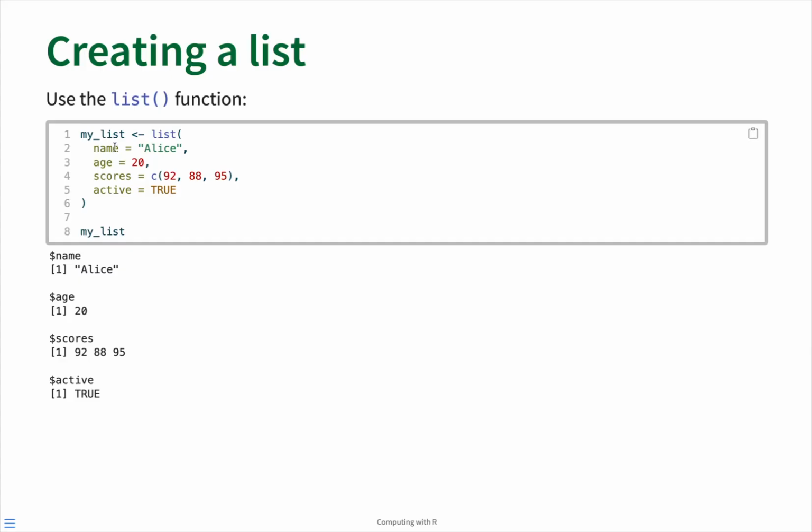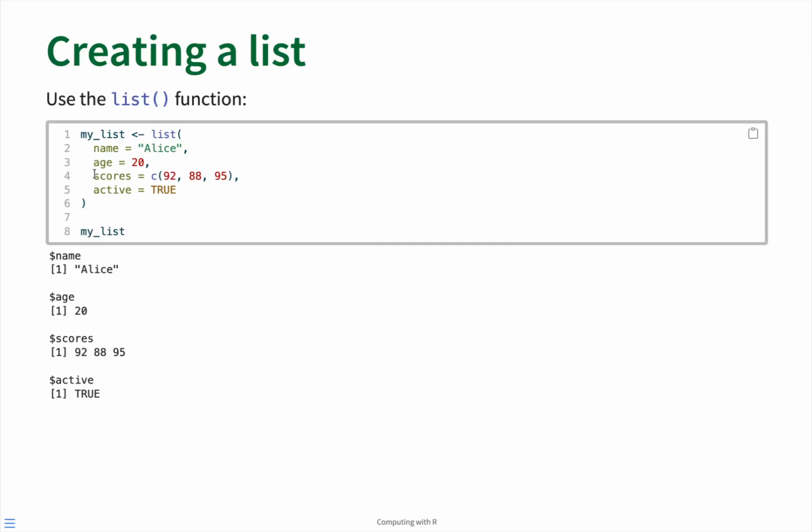Whatever was on the left-hand side of the equals operator for this argument. Similarly, here we're saying the age argument is 20, and so the second item of the list becomes this value 20, which is given the name age.